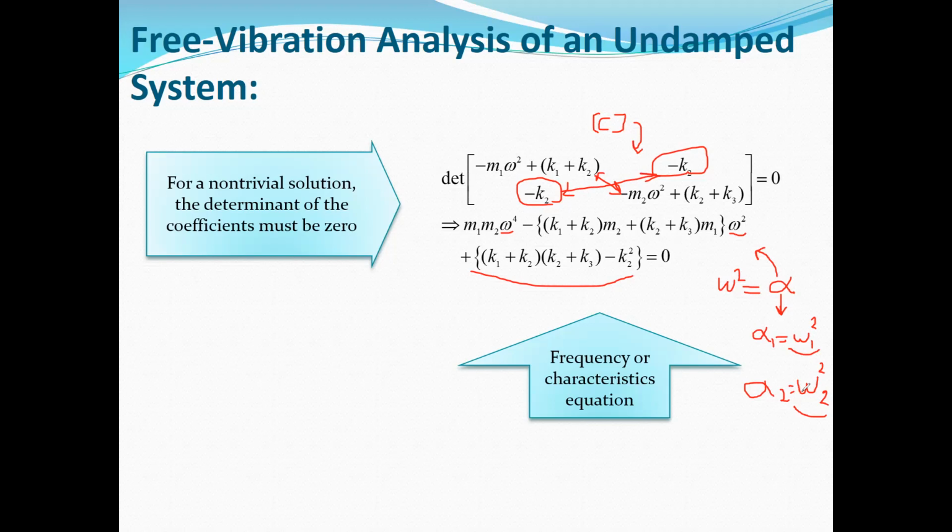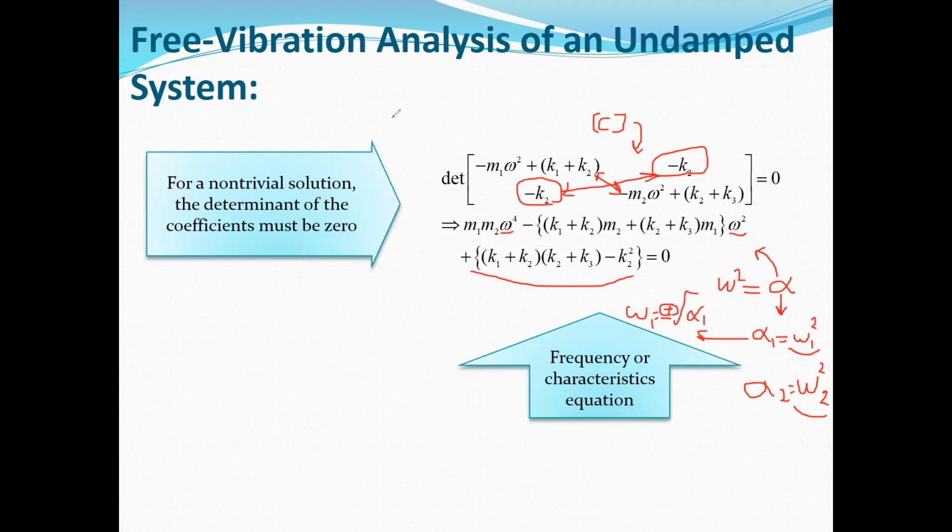So the natural frequency depends on the number of degrees of freedom, and here we can obtain 2 natural frequencies for this system. And you will see we will have alpha. When you obtain alpha 1, omega 1 squared is equal to alpha 1, so we can conclude that omega 1 is equal to plus minus the square root of alpha 1, of which we only consider the positive one here.